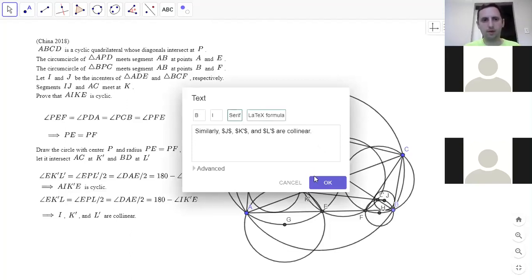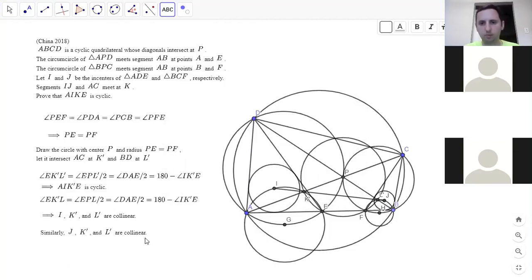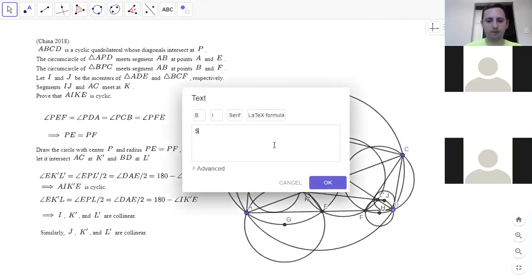So then that means that K prime is equal to K, which means that AIK is cyclic.